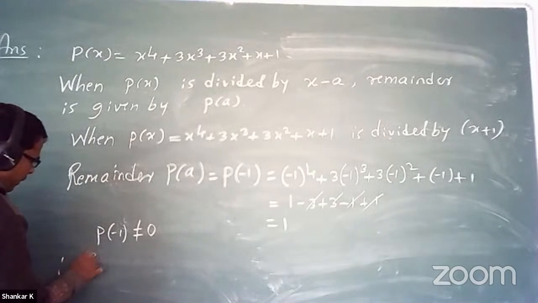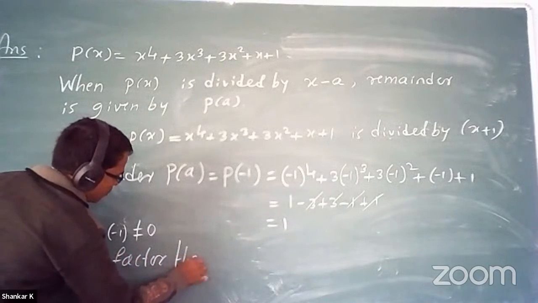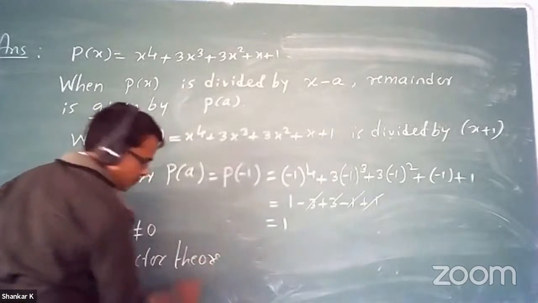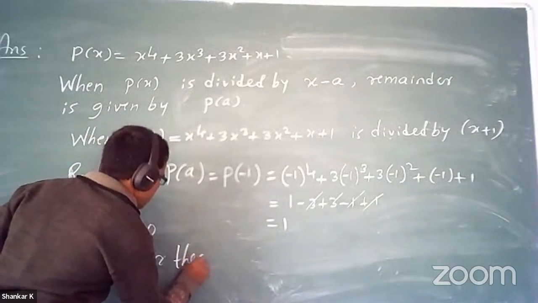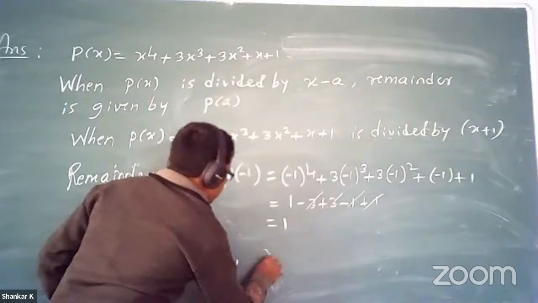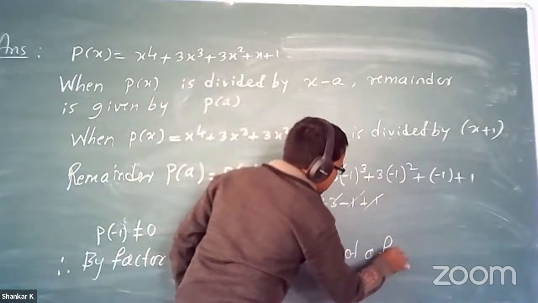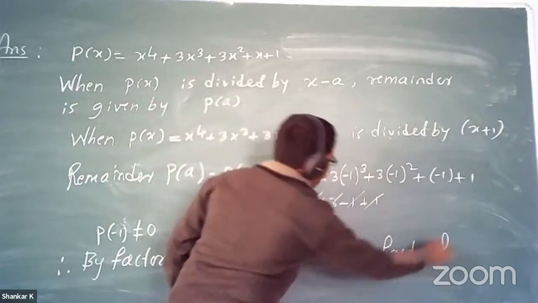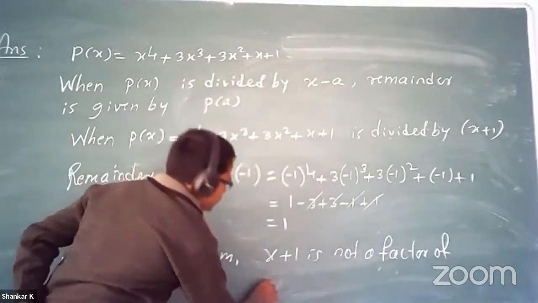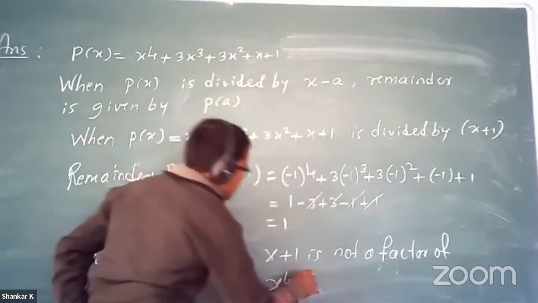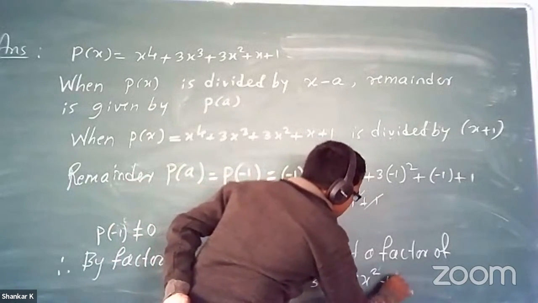Therefore, by the factor theorem, x plus 1 is not a factor of this polynomial, x raised to 4 plus 3x cube plus 3x square plus x plus 1.